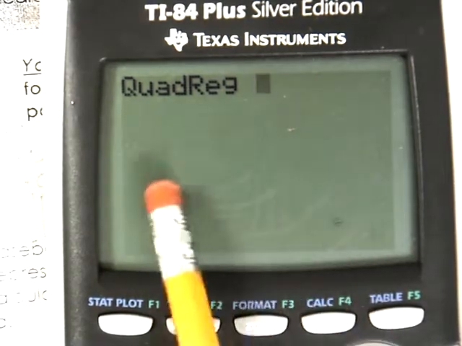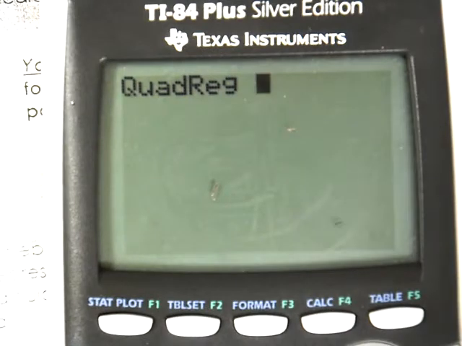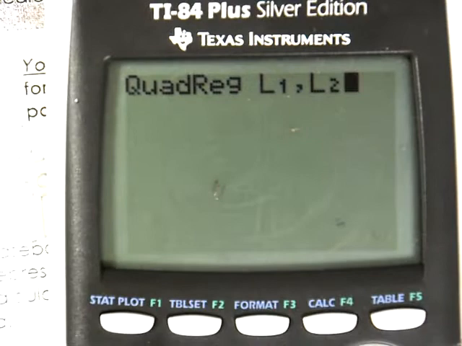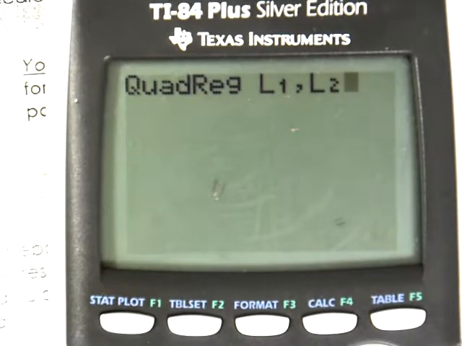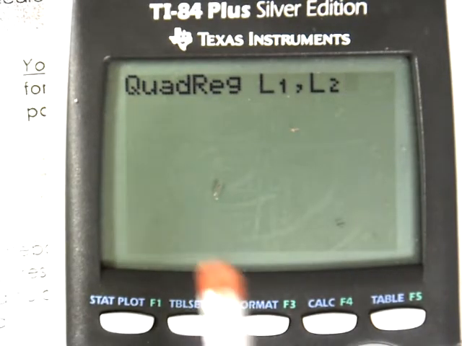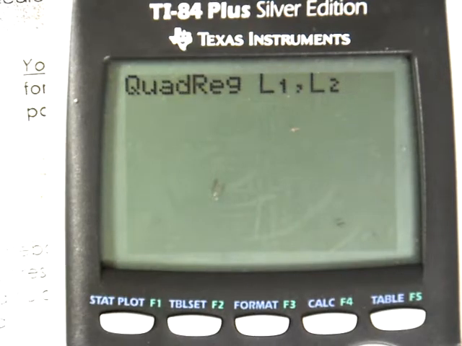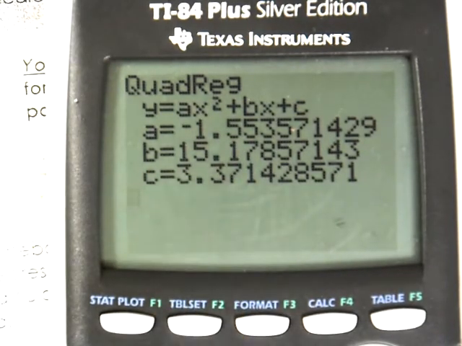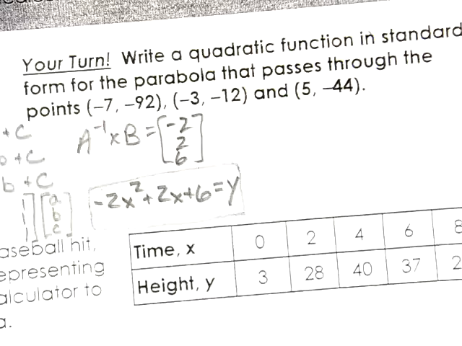Most of yours will have a couple different lines of information. You just need to be sure that it's talking about list 1 and list 2. Yours probably says it in a different order. You can most likely just go down to the word calculate, and it'll give you an A, B, and C value that represents the parabola that's going to match this.